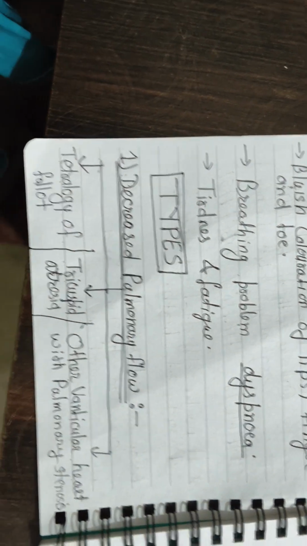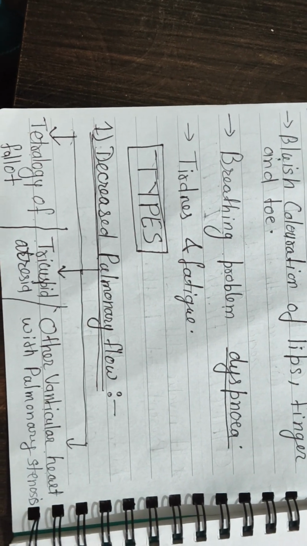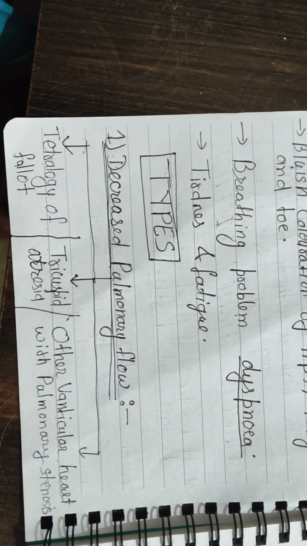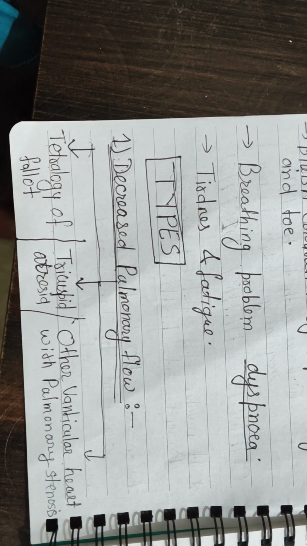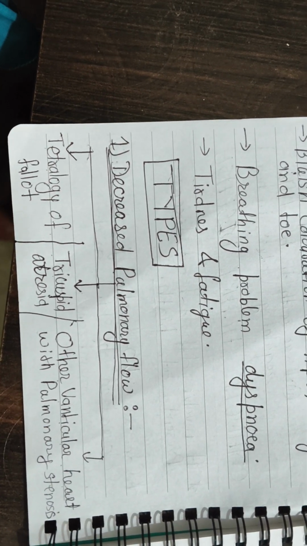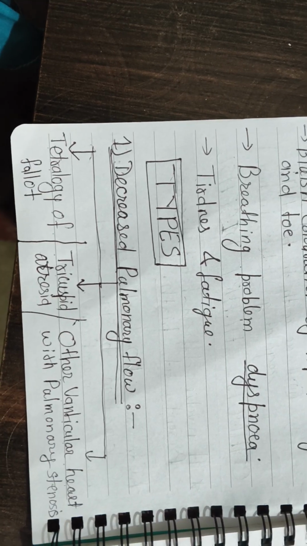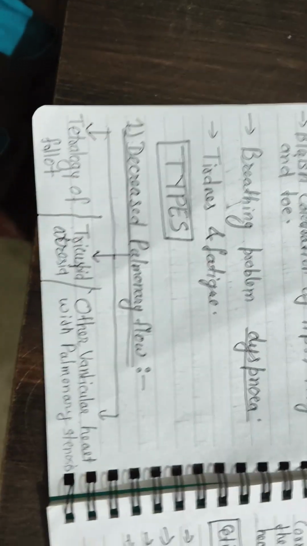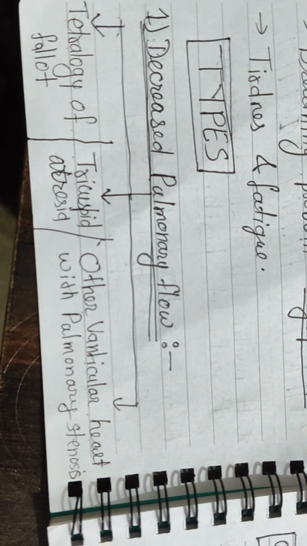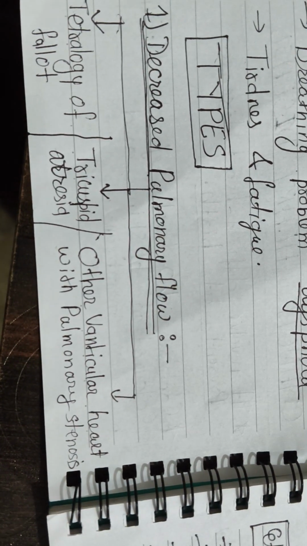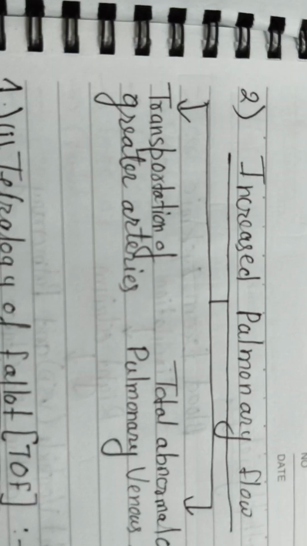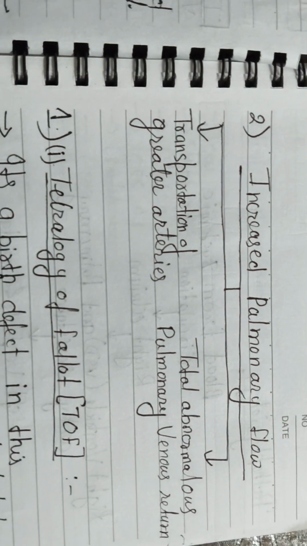The types. Type number 1 is decreased pulmonary flow, which involves tetralogy of Fallot and tricuspid atresia, and other single ventricle heart defects with pulmonary stenosis.